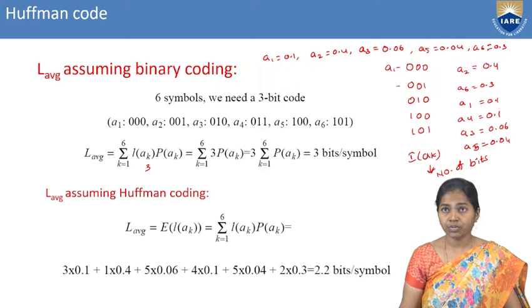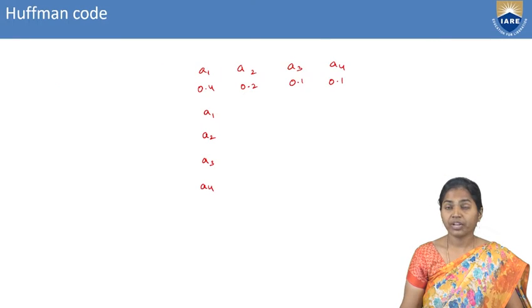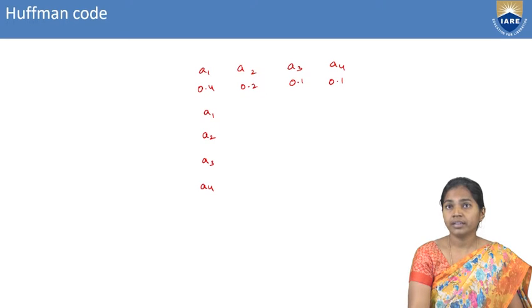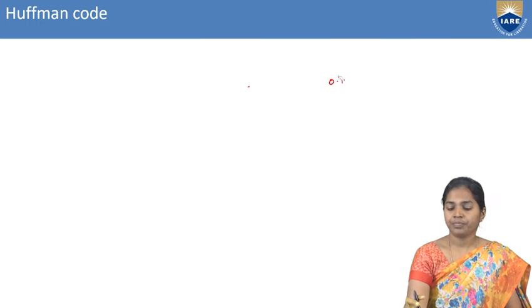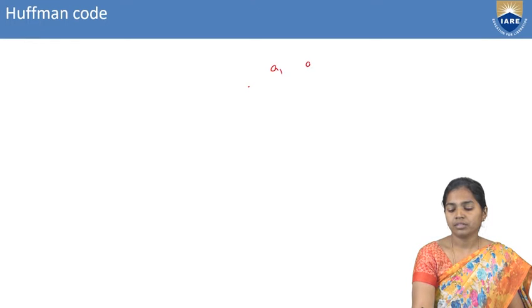So when we go for Huffman code, the variable length code, here is the probability value for A1, A2, A3, A4, A5, A6.